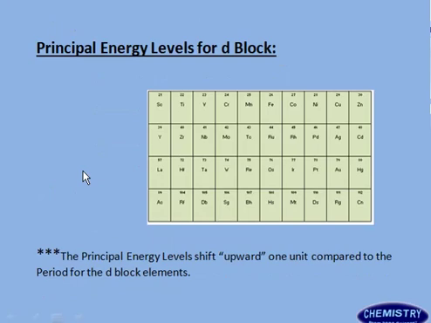Now the D block is a little different. The principal energy level shifts upward 1 unit compared to the period for the D block elements. So scandium through zinc are actually in period 4, but their principal energy level number shifts up to 3. And then we go 4, 5, 6. Actinium starts period 7, but actinium through this series they have a principal energy level of 6.